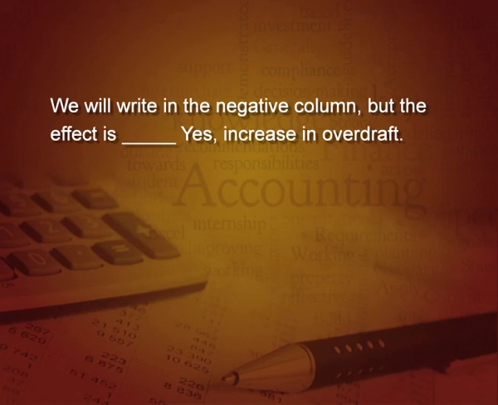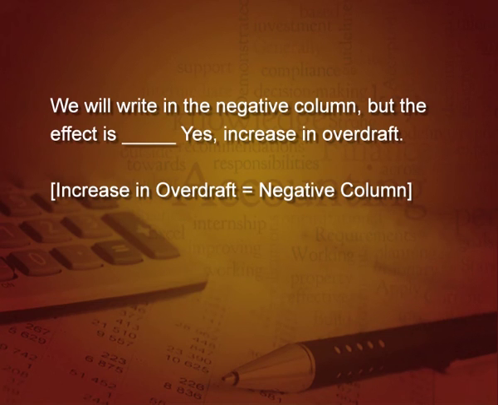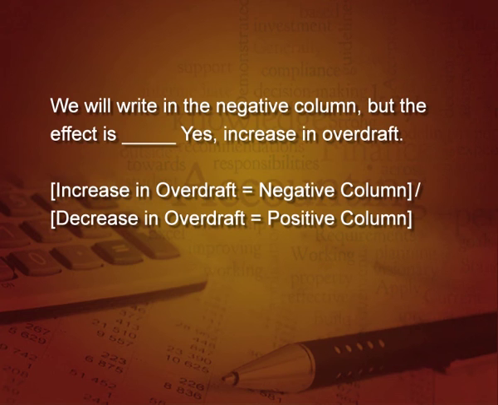We will write it in the negative column, and the effect is that it increases the overdraft, because in the minus column if you write more minus, it will increase the minus, that is overdraft. So, the logic is: increase in overdraft is equal to negative column and decrease in overdraft is equal to positive column. Here I am feeling the need to do one question.